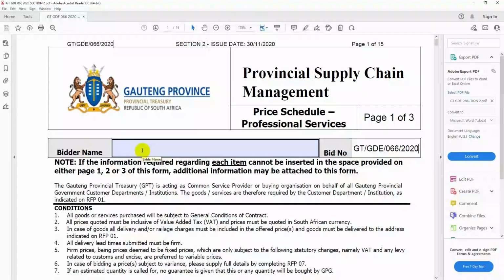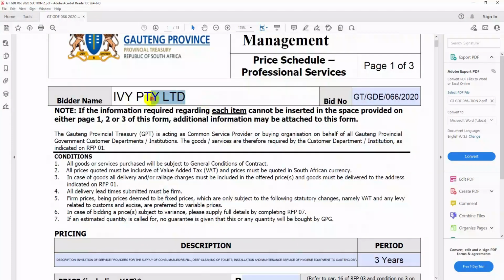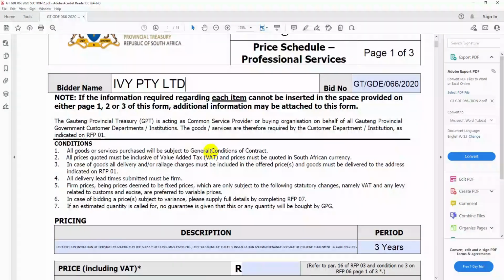Then you can just print for signatures and other information that you did not complete. Let's say now here it's IV Pty Ltd. So you'll put your company name and the bid name.